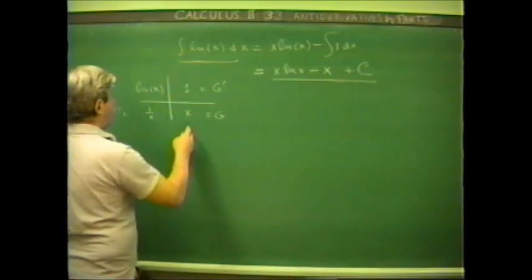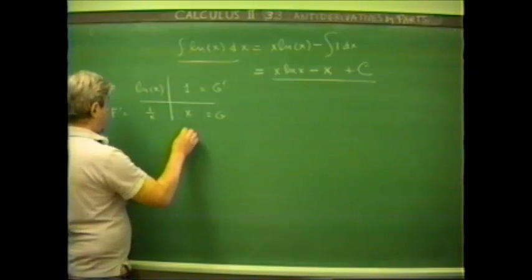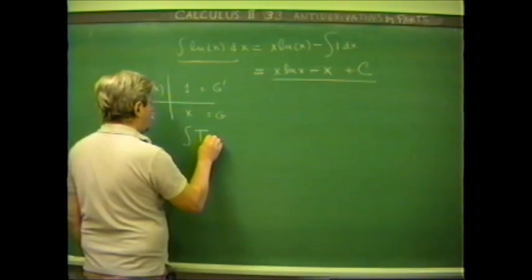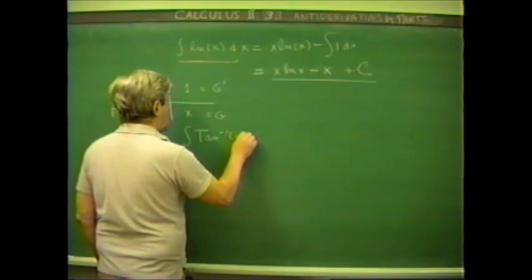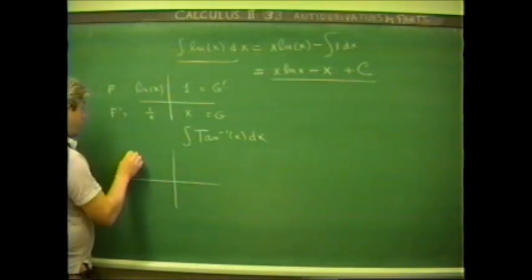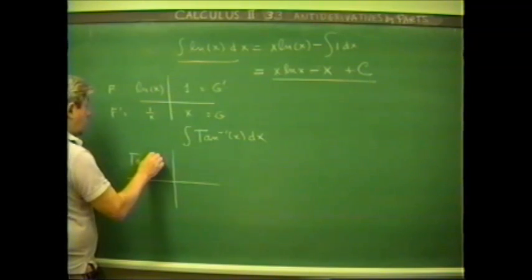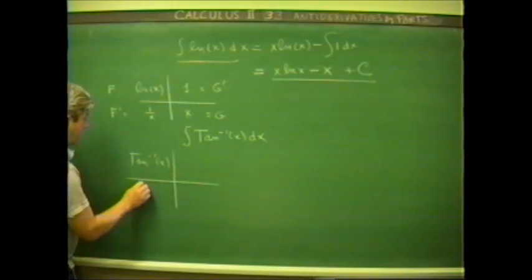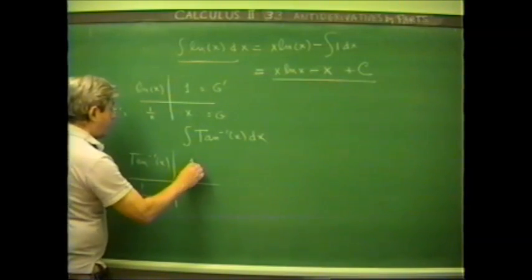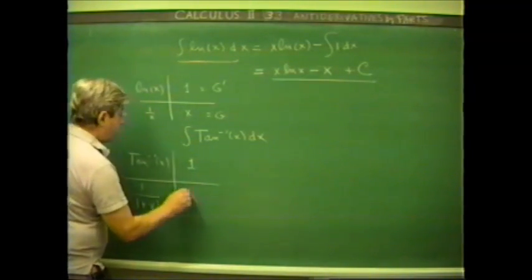Another such example where 1 is one of the parts. Suppose we want the antiderivative of tangent inverse with respect to x. Well, if we put tangent inverse over here, the derivative of tangent inverse is 1 over 1 plus x squared. If we put 1 over here, the antiderivative of 1 is x.